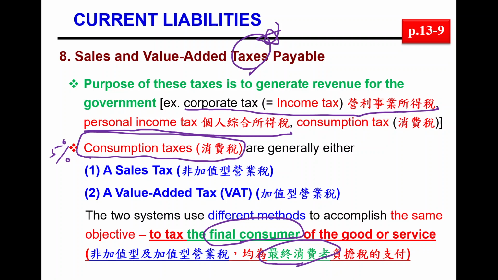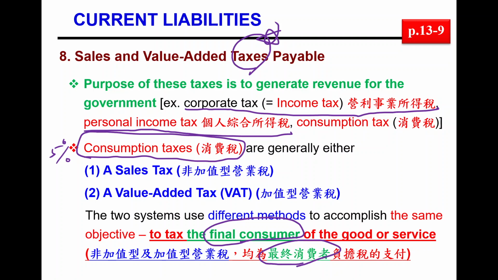But did you find out? Here we have two different types of consumption tax. Actually, they are the same. So both of them are the same. The only bit different is with sales tax, the government could wait until the last moment when the consumer buys the product, buys the service.